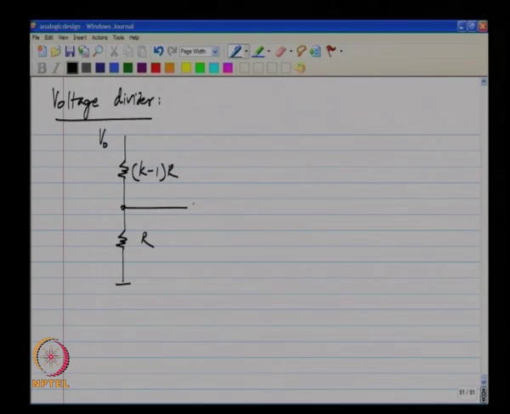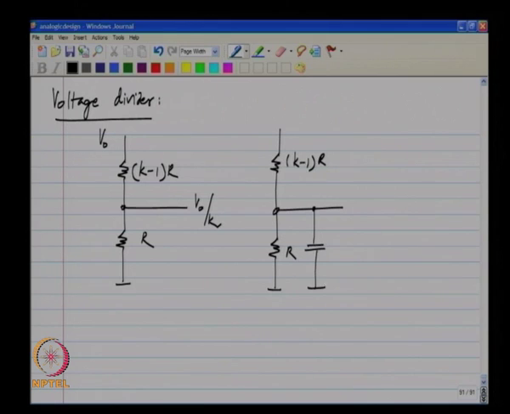If I have V naught here, I will get V naught divided by K. Okay. But in reality, I have this. In addition to that, I have, let us say, a single parasitic capacitor Cp over there.